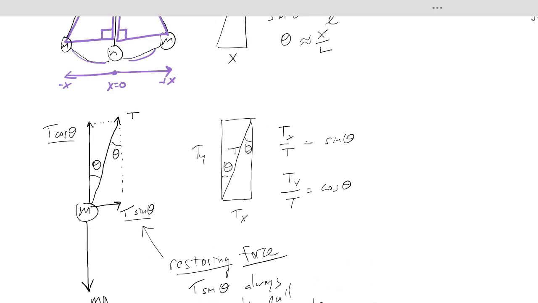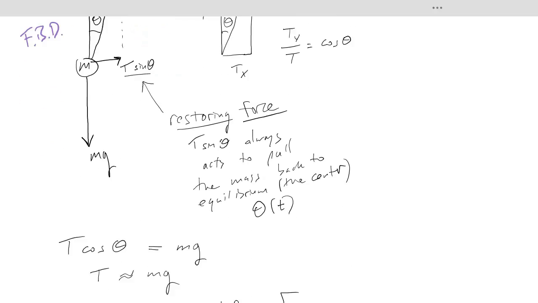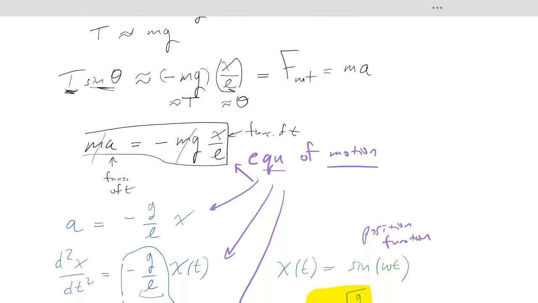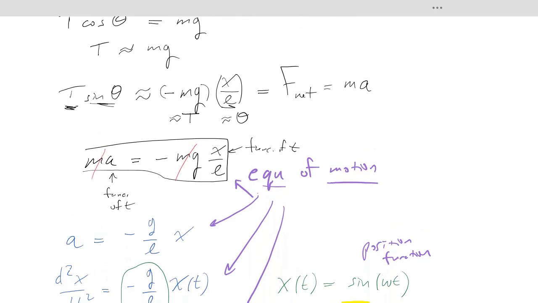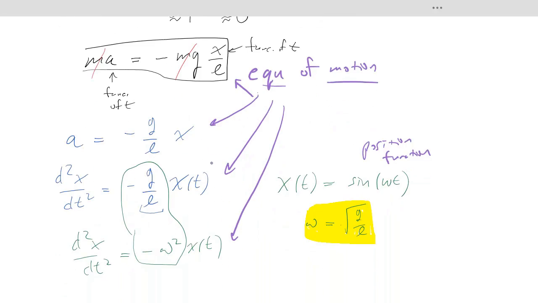And then working up here, this is the free body diagram of our system. So using a free body diagram and then some assumptions to make this easier, this only works for the small angle pendulum, we get a most important result. And the mathematics is exactly the same as the oscillating mass on a spring.